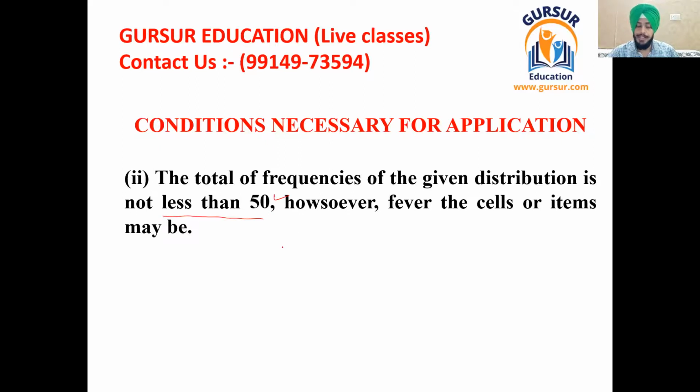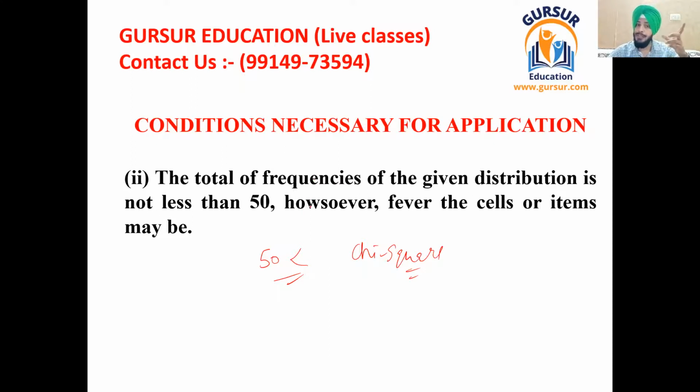Okay, if these are lesser than 50, you cannot apply the chi-square test. Still, there is one formula which I'm going to tell you right now. But the total of frequencies cannot be lesser than 50 in case of the chi-square test. You cannot apply this test when the total of frequencies is lesser than 50. Okay, so this is the condition.